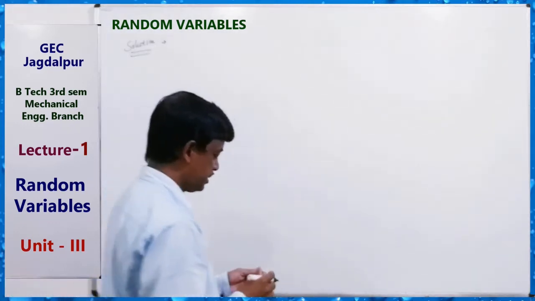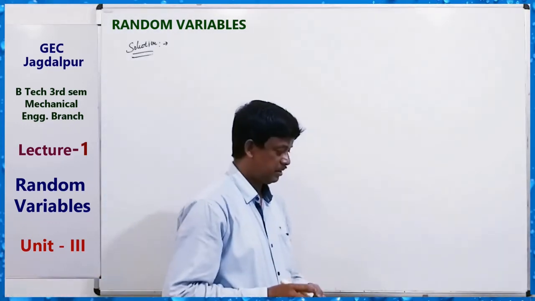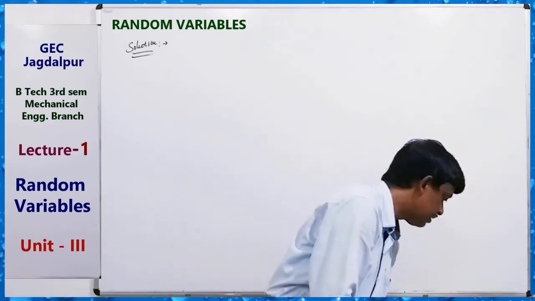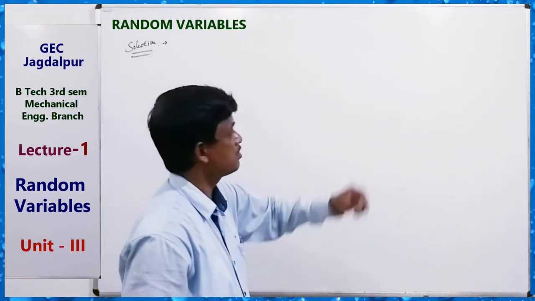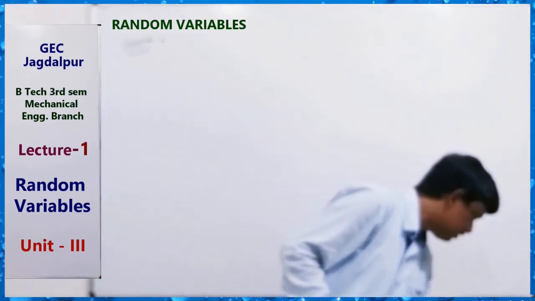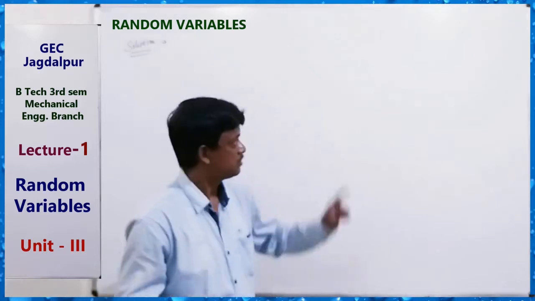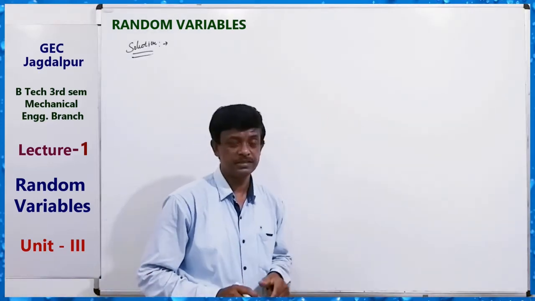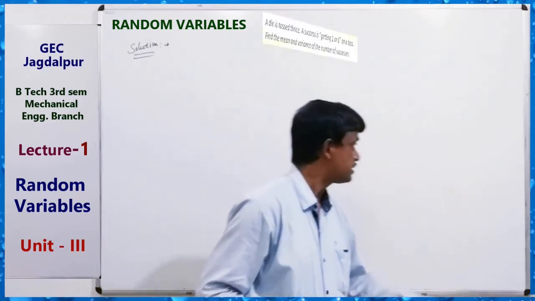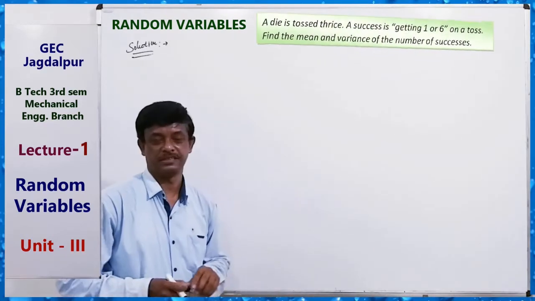Take another question. Here, a die is tossed thrice, and a success is getting 1 or 6.